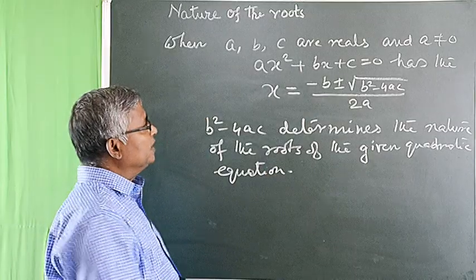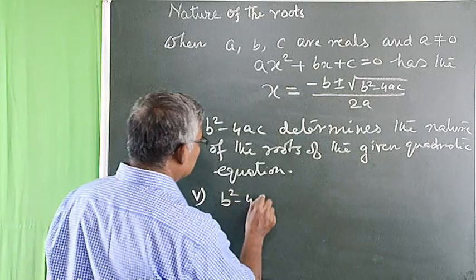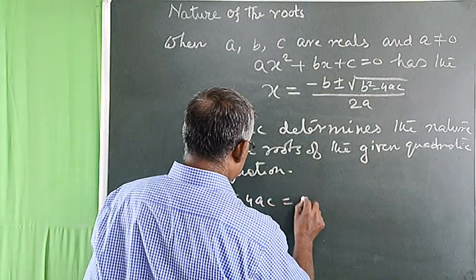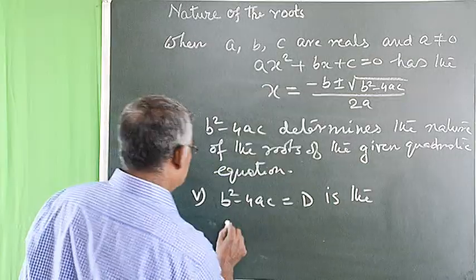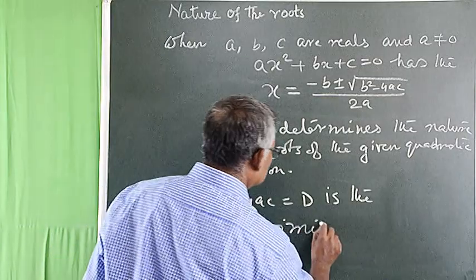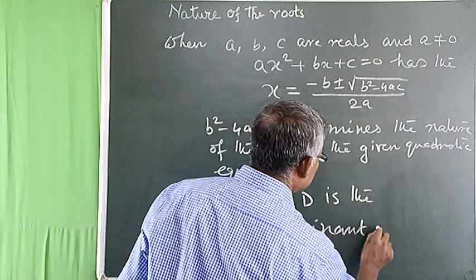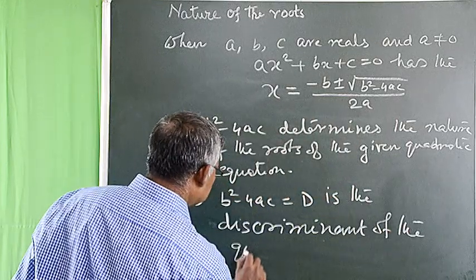Students, so we get as fifth result b square minus 4ac equal to, say d, is the discriminant of the quadratic equation.